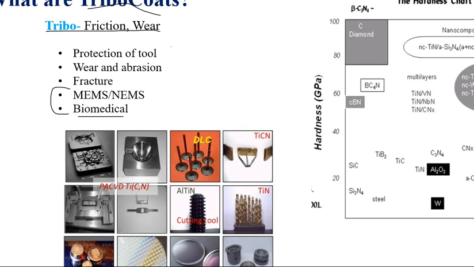Now, to give a brief idea of what a tribo coat is, the hardest known material is diamond, and so we try to reach the hardness of diamond by different techniques. We do have some materials which show good hardness and which are used in applications where hard materials are required. Formation of nanocomposites or multilayers is also being done to increase the hardness and the toughness.